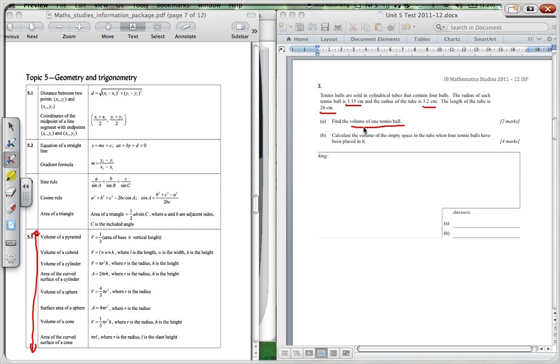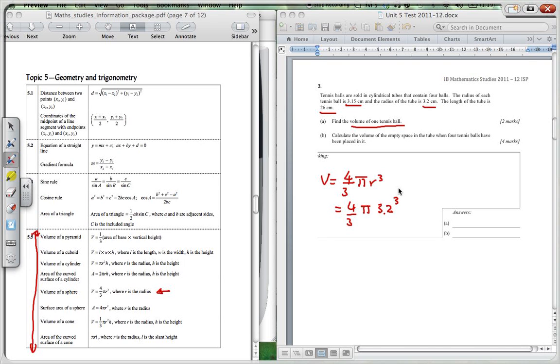So a tennis ball is a sphere, so we're going to use this formula over here. So the volume would be 4 over 3 pi r cubed, and we'll put in our value, 4 over 3 pi times 3.2 cubed, and we put that into our calculators.